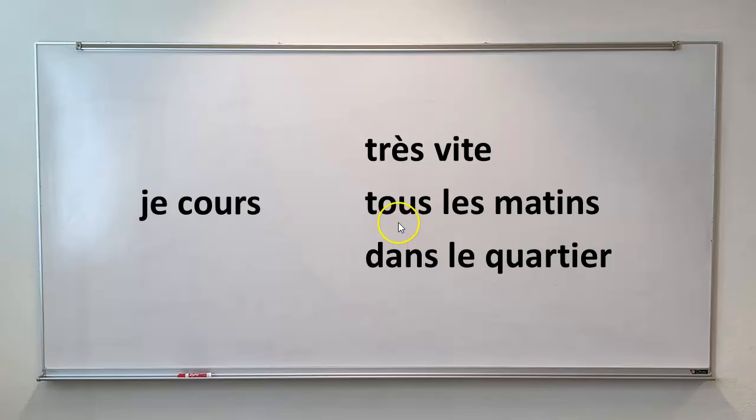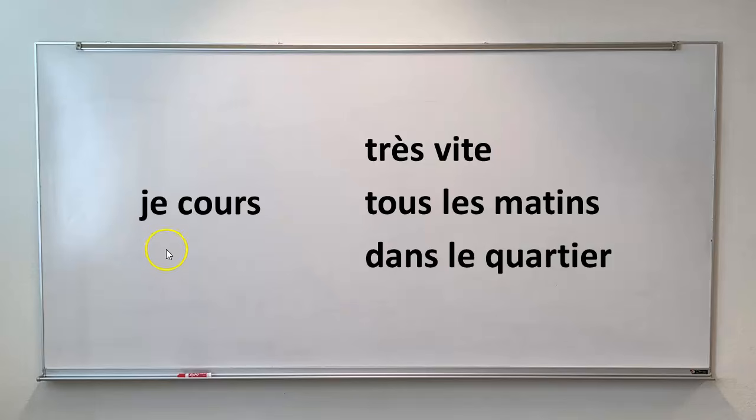So every morning is tous les matins. I run every morning would be je cours tous les matins. Le quartier is the neighborhood. So if I want to say I run in the neighborhood, I would say in French, je cours dans le quartier.